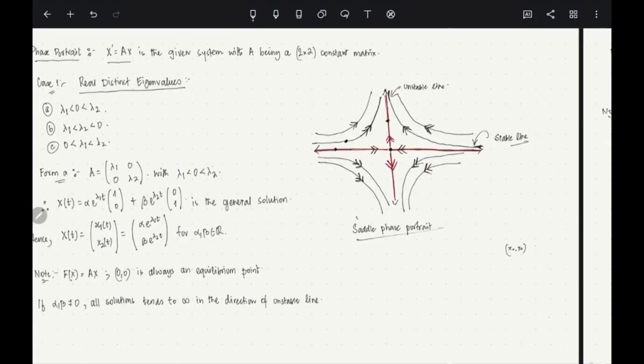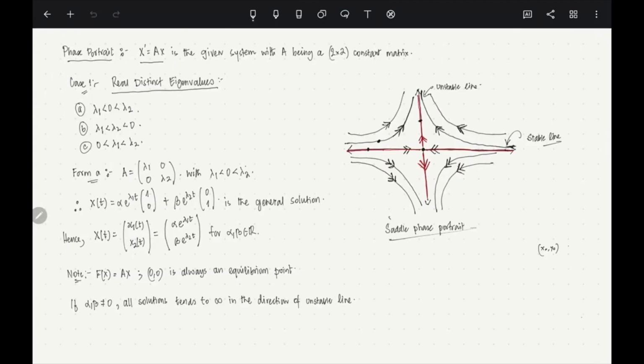The phase portrait won't look like this. In one direction it is moving towards the origin, in the other direction it is moving away. So even for linear combinations, when alpha and beta are non-zero, it depends on which one is dominating based on t.